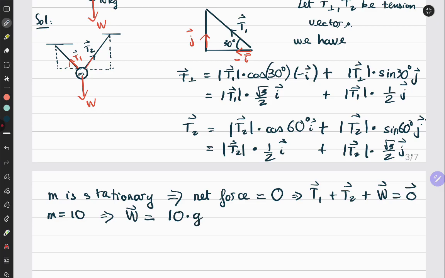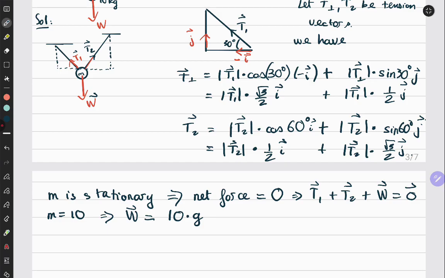Gravitational mg, right? But we have to be careful about the direction, because we are now dealing with the vector W. The scalar is 10G, without the negative or positive.